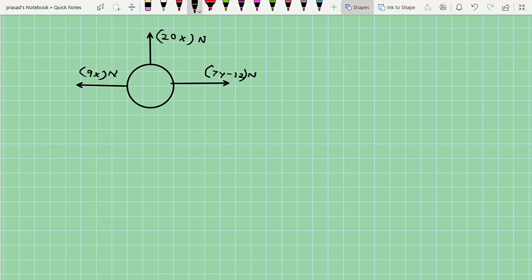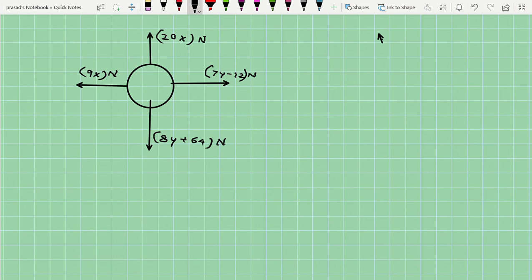And in the vertically downward direction, a force of 8y plus 64 Newton is acting.